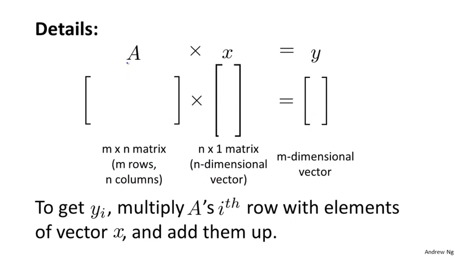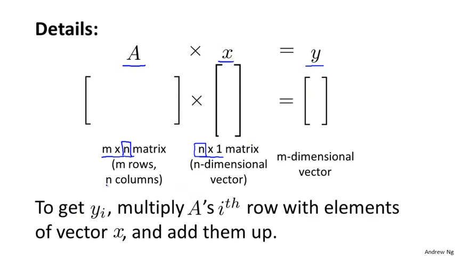Let's say I have a matrix A and I want to multiply that by a vector x. The result is going to be some vector y. So the matrix A here is an m by n dimensional matrix, so m rows and n columns, and I'm going to multiply that by an n by 1 matrix, or in other words, by an n-dimensional vector. It turns out this n here has to match this n here.